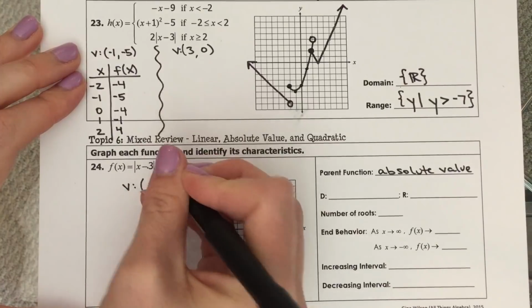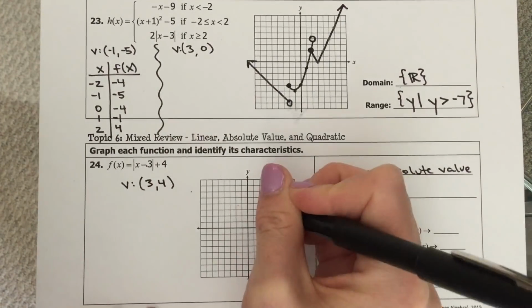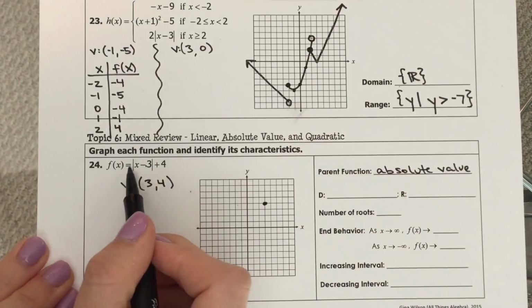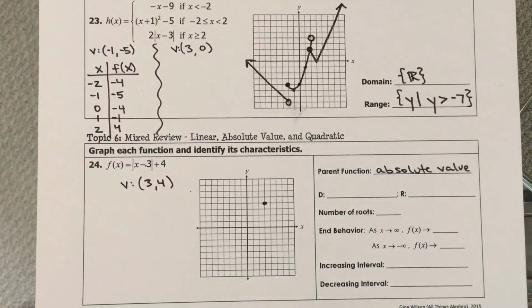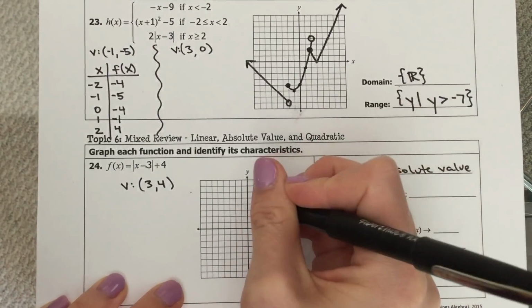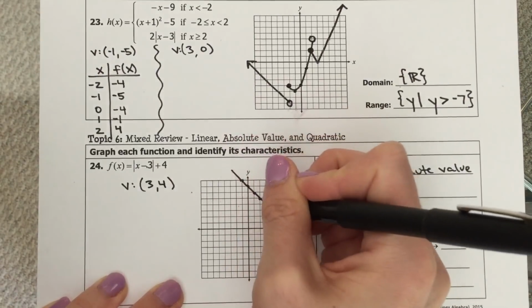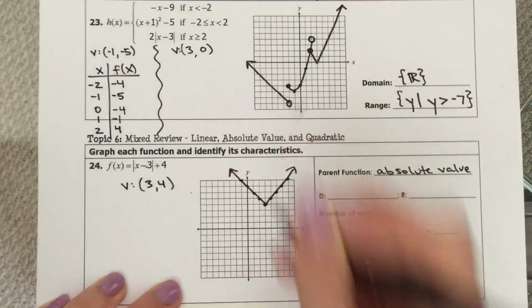So the vertex would be +3, +4. So we start there, like that. And the slope is the number in front of the absolute value, so it's a 1. So off to the right, I use a slope of 1, and then off to the left, I mirror it. Okay, so that is my graph.